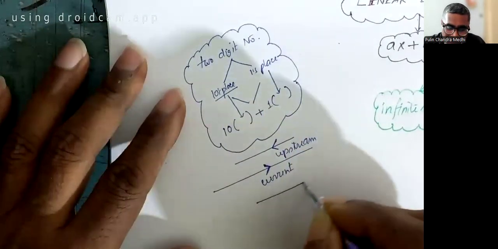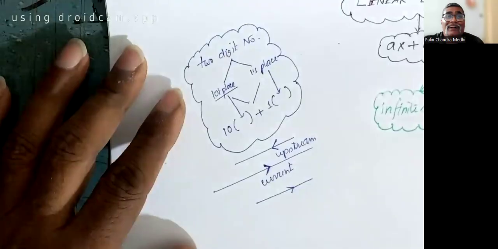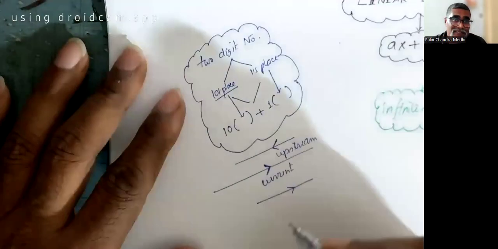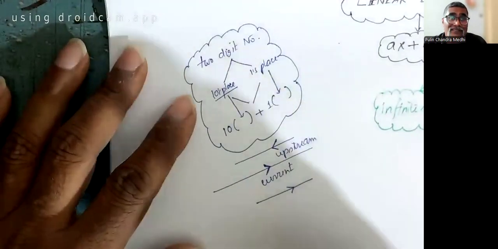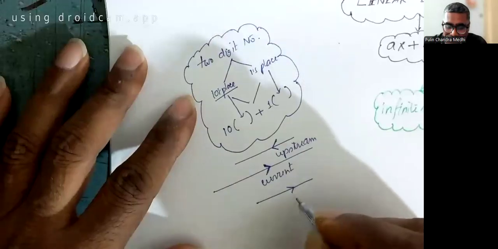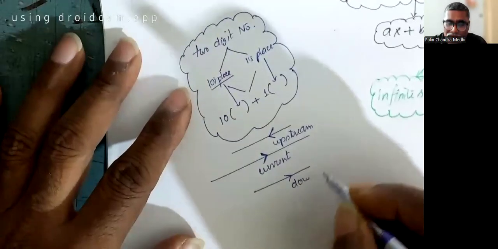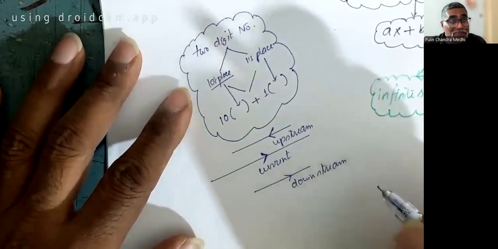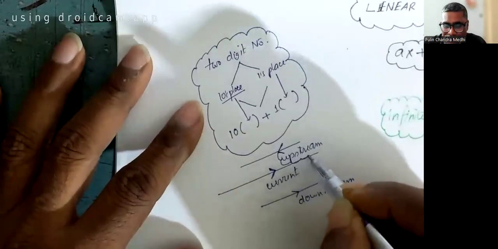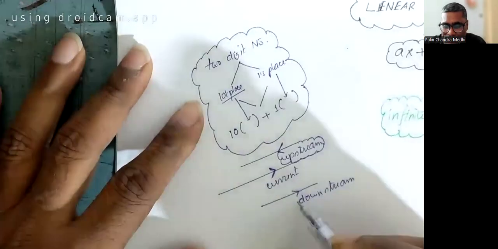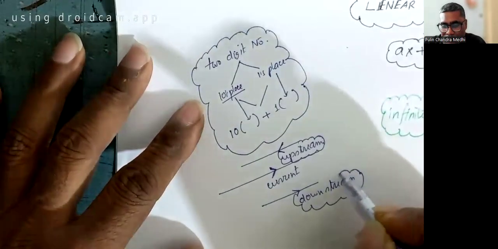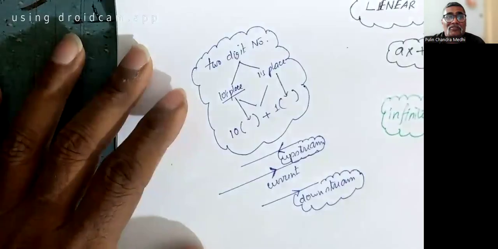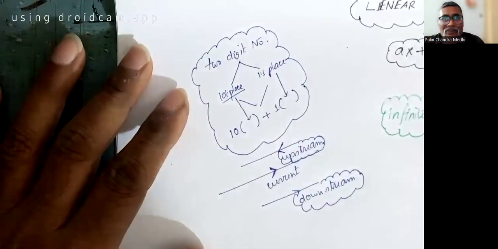But if you are going with the flow of the water, or the direction of the current, then this is downstream. So this is to be understood. Upstream means you are going against. Downstream means you are going along the motion.